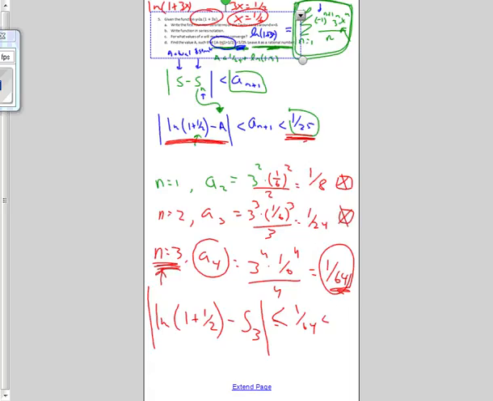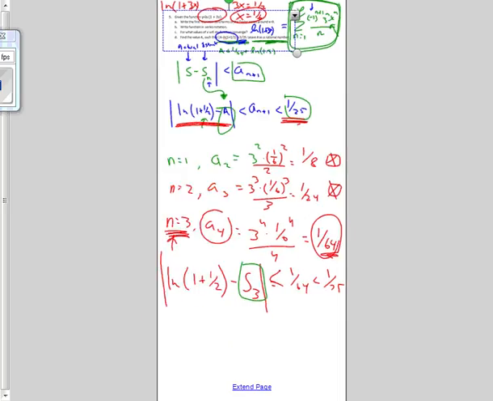So therefore, obviously less than 1/25. So now we need to find out this s sub 3 value, because that's our a term. To find s sub 3, we're just going to find the sum from n equals 1 to n equals 3 of -1 to the n plus 1 times 3 to the n, x to the n over n.